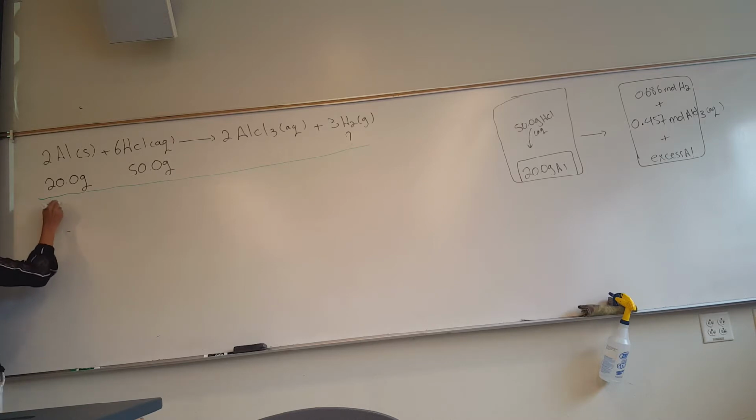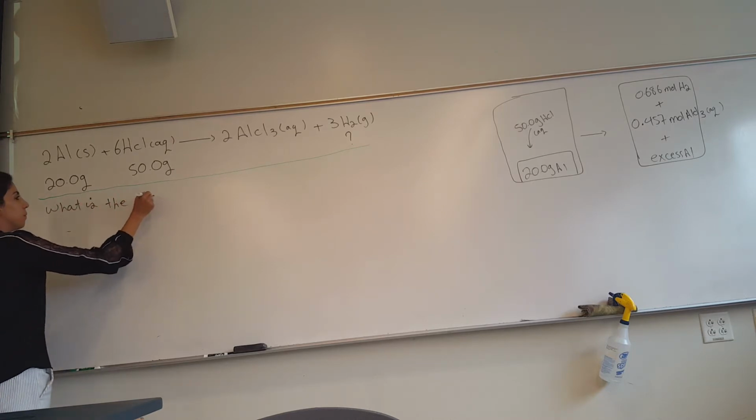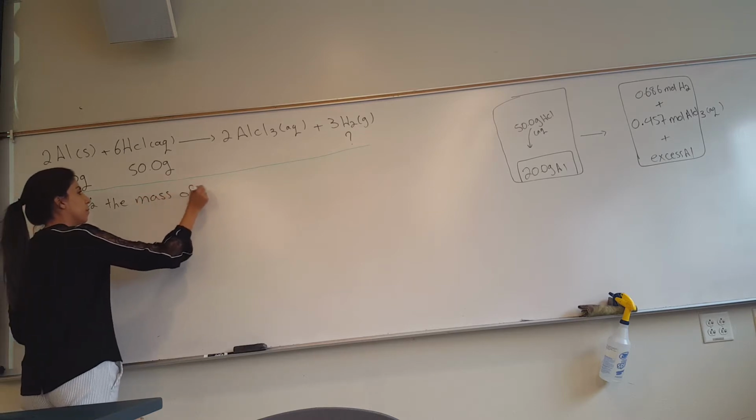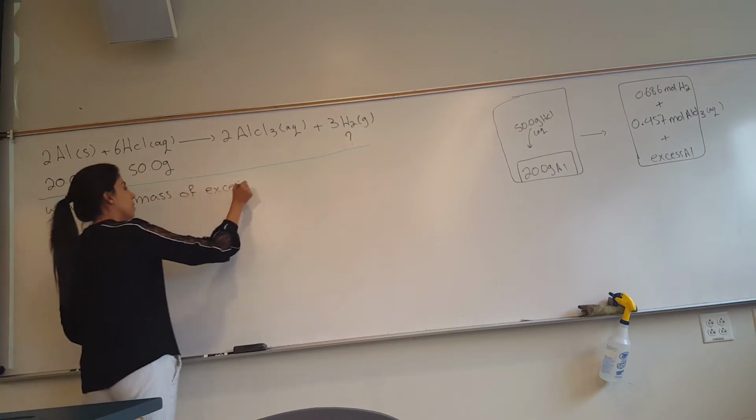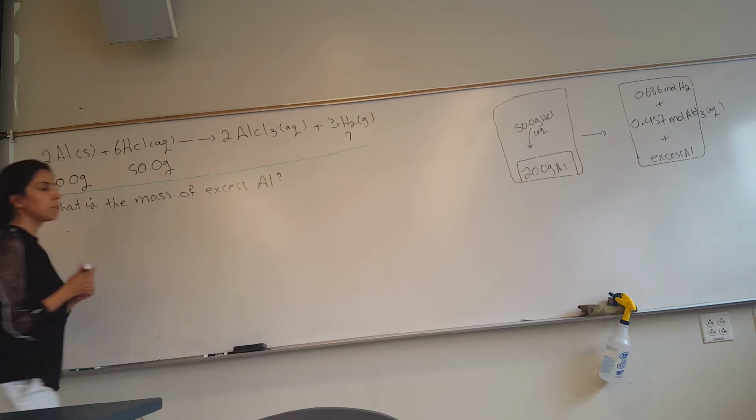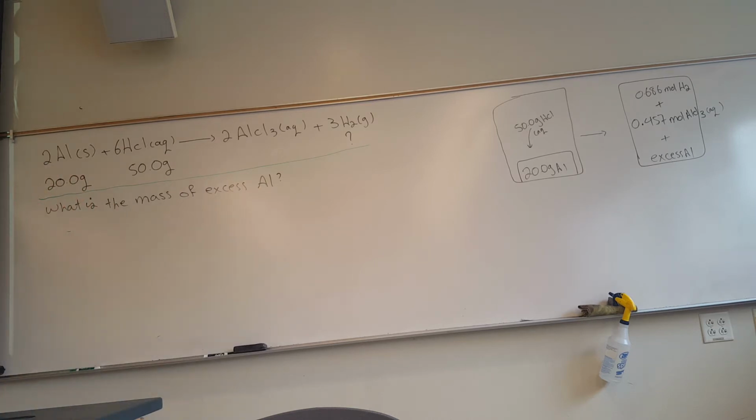So we want to find the mass of excess aluminum, because the only part that I'm missing is the mass of excess aluminum. And once you know how much excess aluminum you have, you know exactly what you have in your reaction flask.